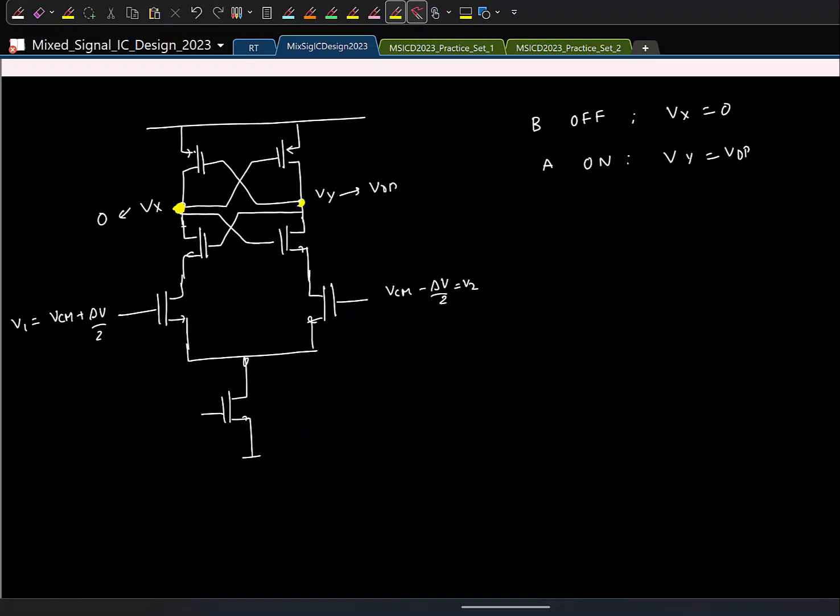Is that okay? So now something should strike you. If you look at, let us say, the left half of the circuit, you have one PMOS, one NMOS. If I draw this, the gate of the PMOS and the gate of the NMOS, they are connected. What can you say about the drains of the PMOS and NMOS?